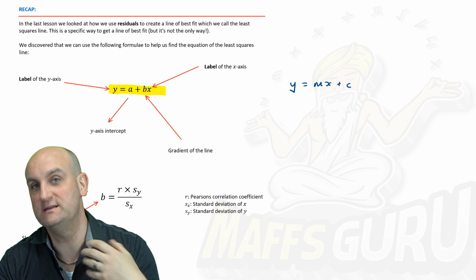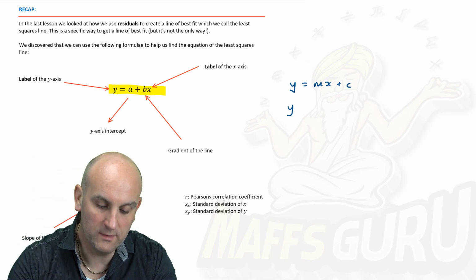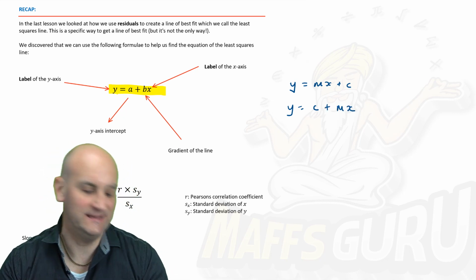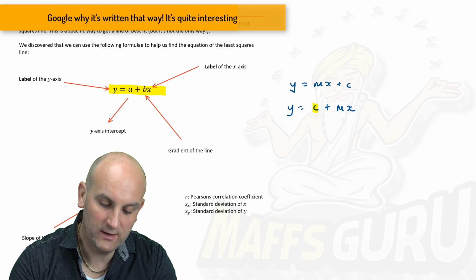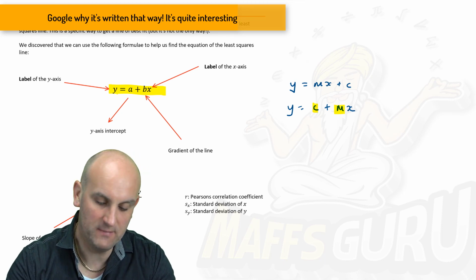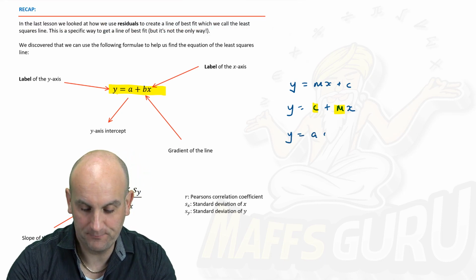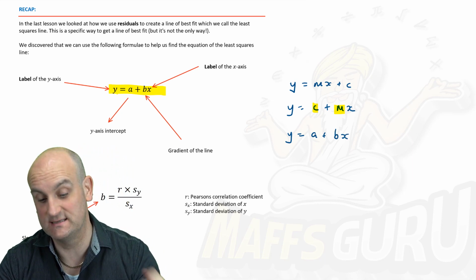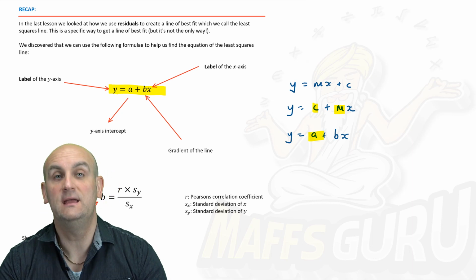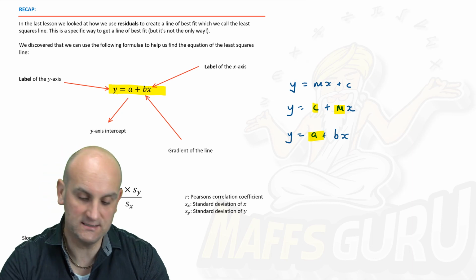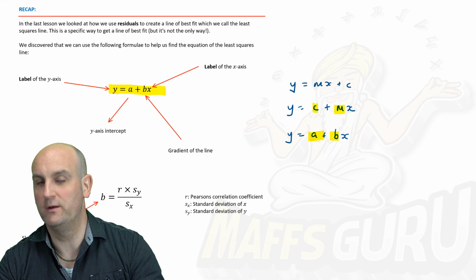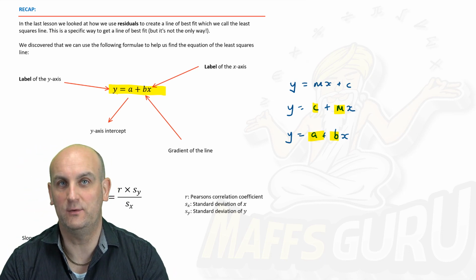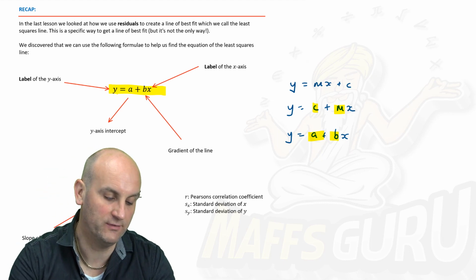For some reason in statistical analysis, we normally write it in the form y equals c plus mx, and we don't use the letters C and M, we use A and B. But the idea behind what each of those letters stands for is exactly the same. A is the intercept on the y-axis, and B is the slope of the line. Those two things you have to interpret in questions, and I've got some VCAA questions coming up showing you how that is done.